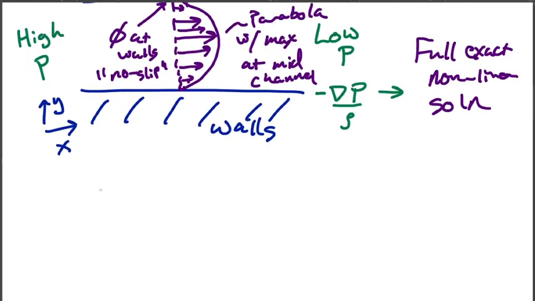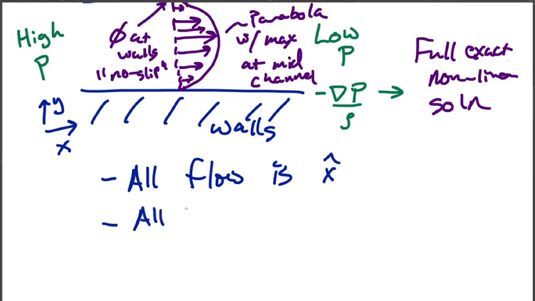So I want to make a couple of observations. All the flow is down channel, so all the flow is in the x hat direction. All variation of flow is in the y direction, y hat.